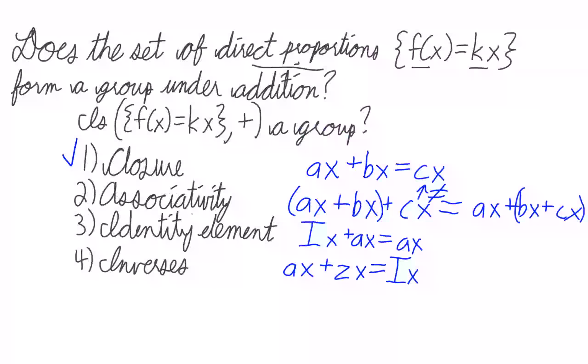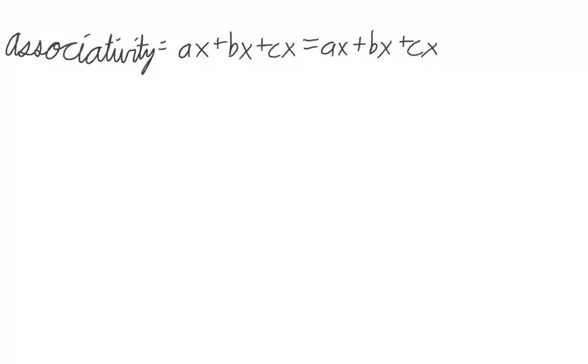Next up is associativity, meaning that if we have three direct proportions that we're adding, we can do that in either order, the first two first or the last two first. So what we're saying here is that ax plus bx plus cx is ax plus bx plus cx, regardless if we have parentheses here and do that first, or instead choose to do that one first. So I'm going to take this side of the equation.